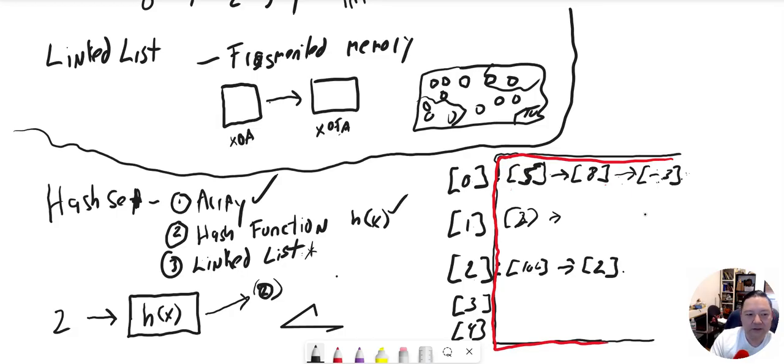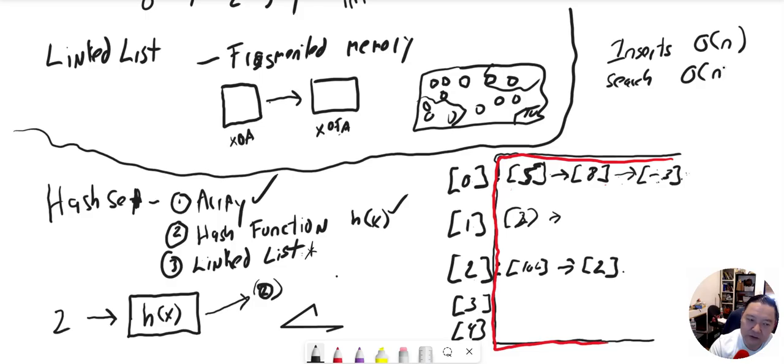Now, the complexities of these, let's talk about that a bit. With time complexity, it's usually best case, worst case. For the worst case, for inserts, the worst case is O of n. The worst case for a search is O of n.